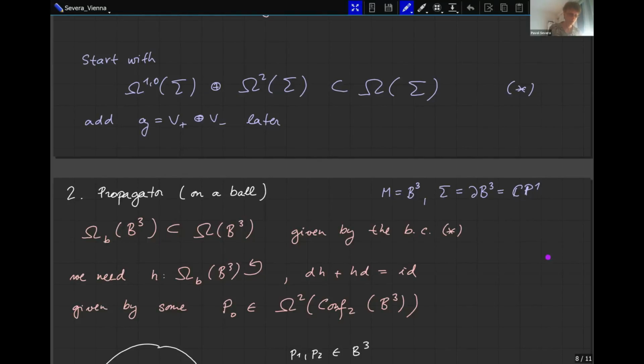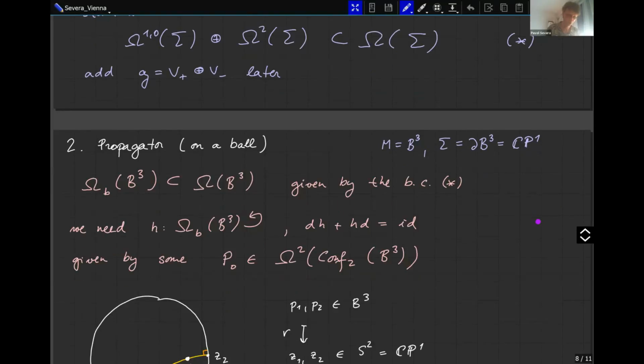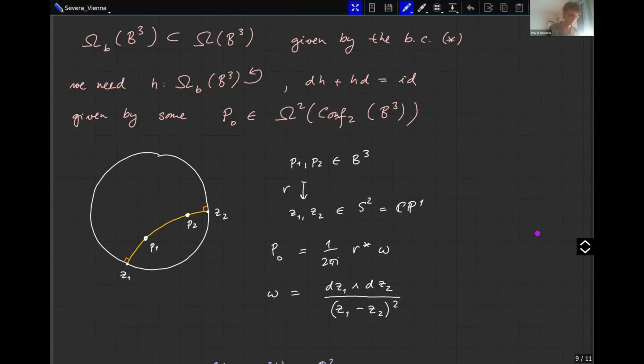There is an SL2C invariant propagator P0 that one can find. So how does it work? Let me present you the formula in its glory. Let's start with a point in here, that means a pair of points in B3, like P1 and P2. We simply connect them with the hyperbolic geodesic passing through these two points.